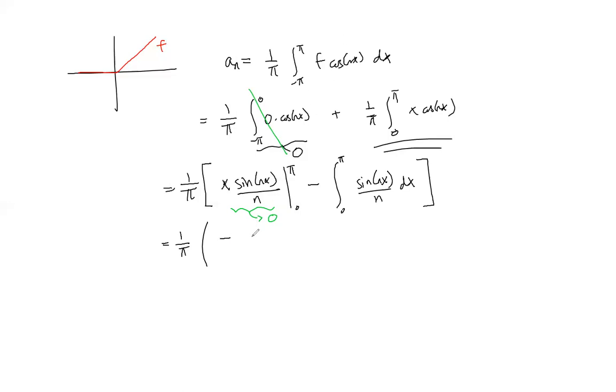So we just get minus the integral of sine, which is negative cosine, from 0 to pi.